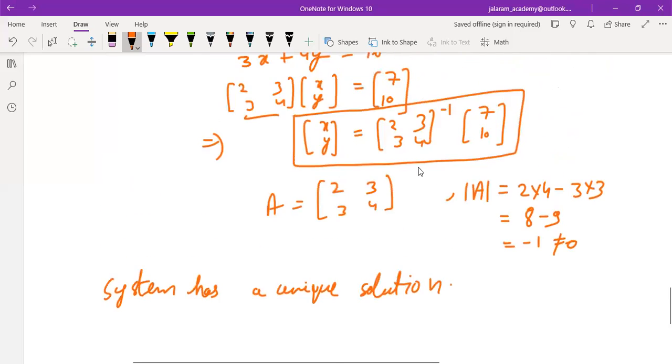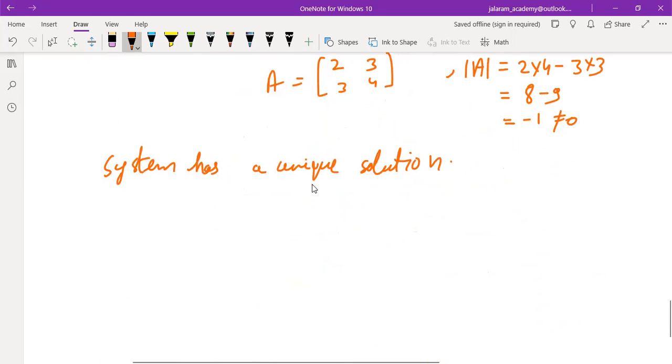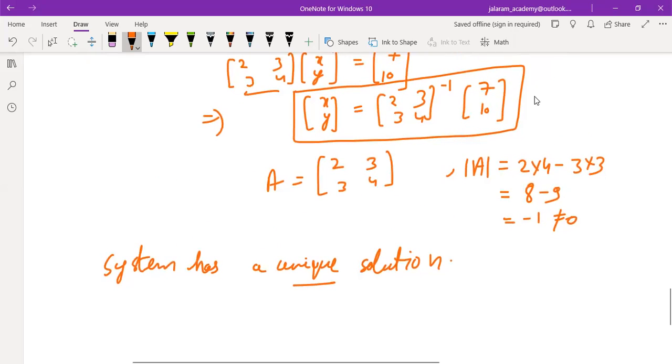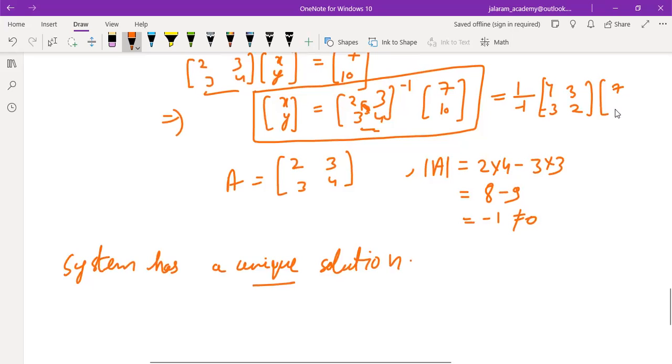That means it has only one solution, and we can easily find it, though there is no requirement of finding it. It is a 2 cross 2 matrix, so the inverse is 1 upon determinant of A, which is minus 1, into the adjoint, which is obtained by interchanging the diagonal elements and changing the sign of the other elements, into [7; 10].